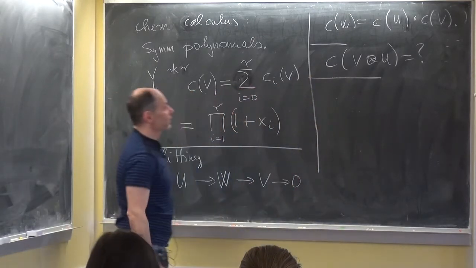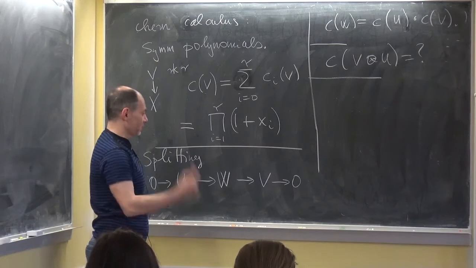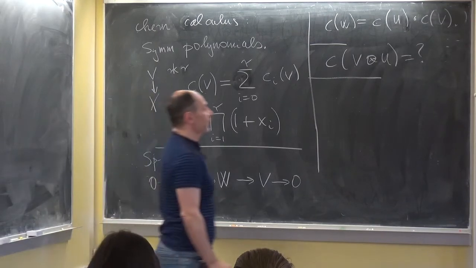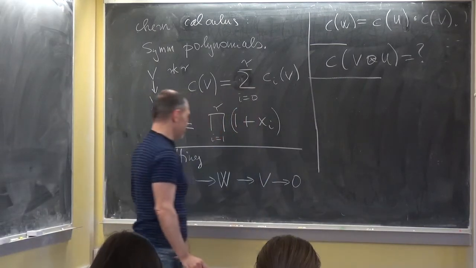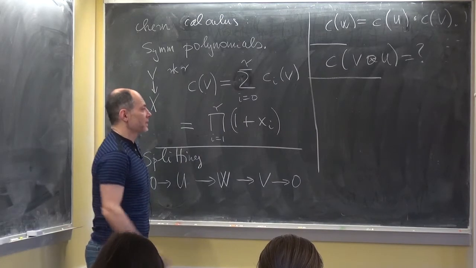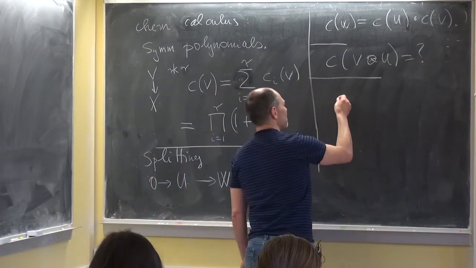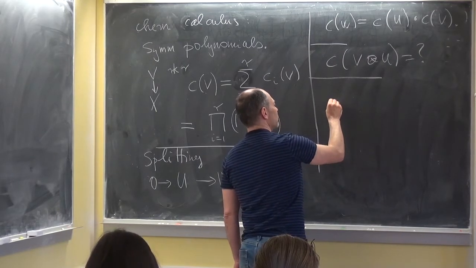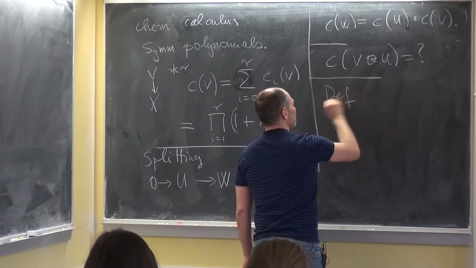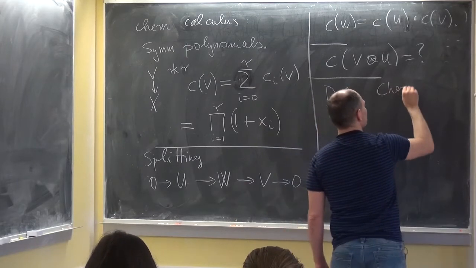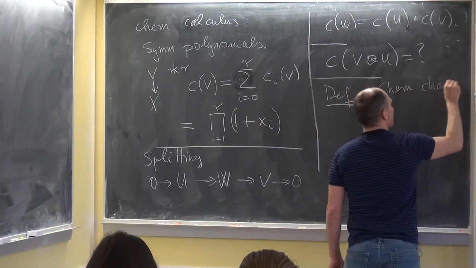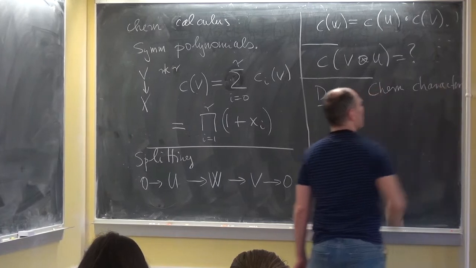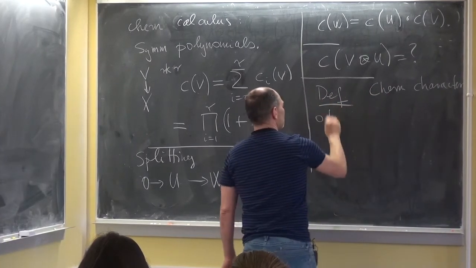So I just want to explain now what this Chern character is, which was just explained, but I'm just repeating it. There is another way of doing this. It has a slightly unpleasant feature, but it has a lot of very pleasant features as well. And this is the Chern character of a vector bundle.